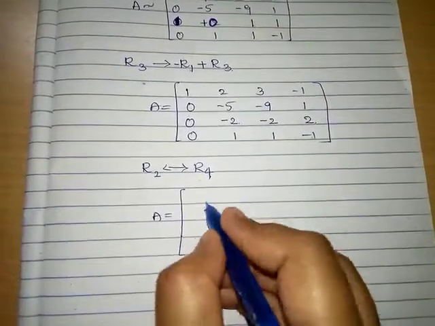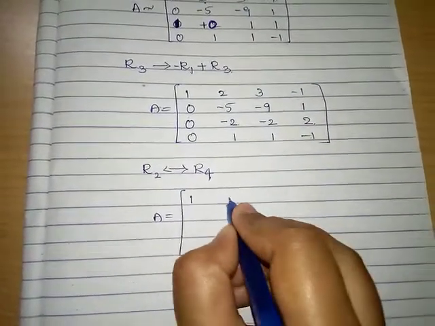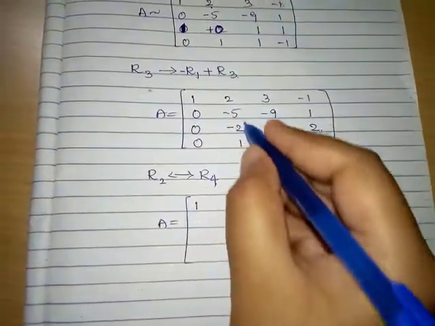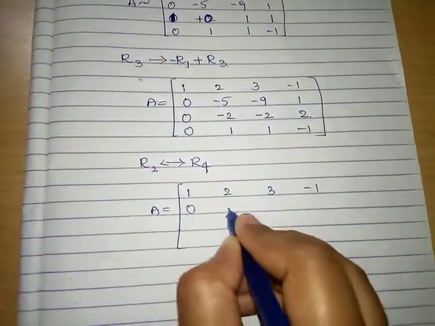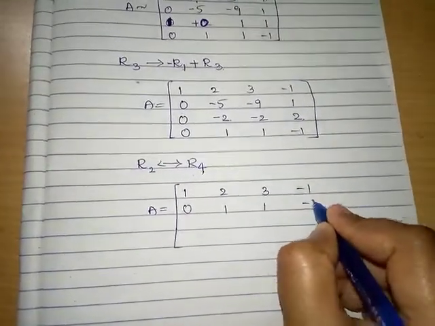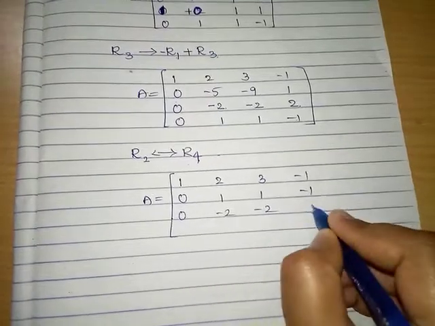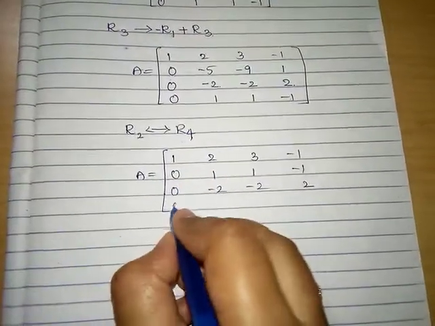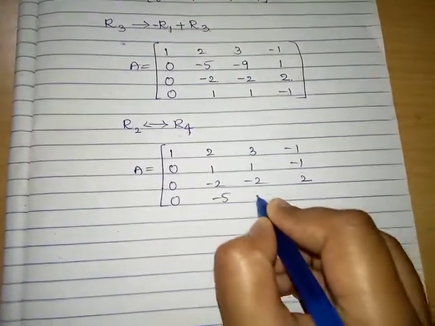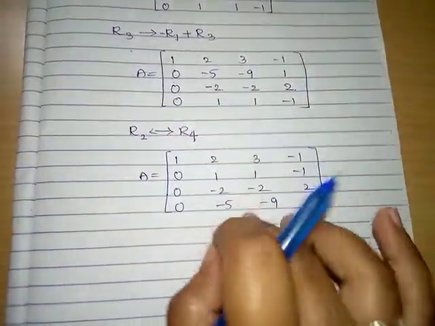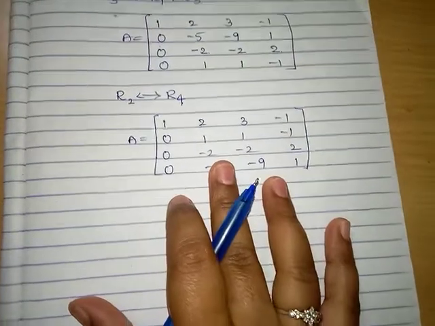When you take it like this, it will be 1 2 3 minus 1. Then R2 changes to R4, so it is 0 1 1 minus 1. R3 as it is, 0 minus 2 minus 2 2. Then R4 is 0 minus 5 minus 9 1. This is the transformed matrix after this transformation.